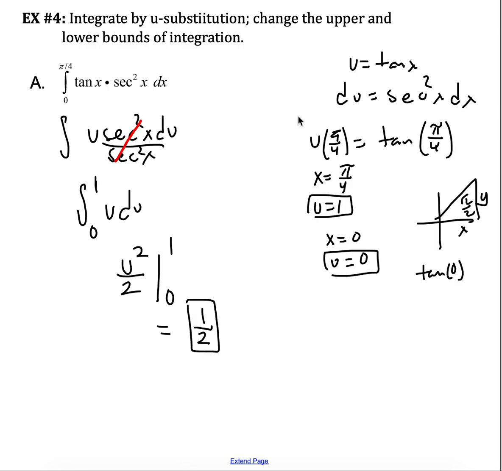Again, the biggest thing to point out: make sure that you are integrating with respect to your new variable, and also its new upper and lower bounds. Just keep that in mind. That would be the easiest way. Let's look at another example.